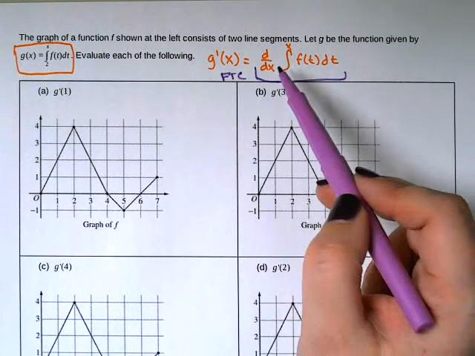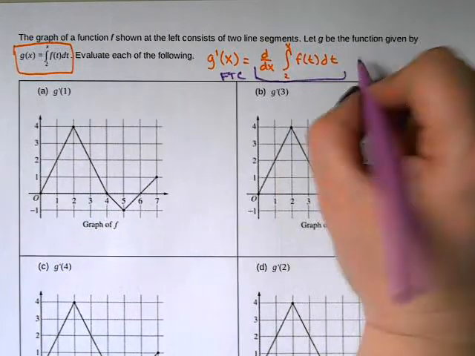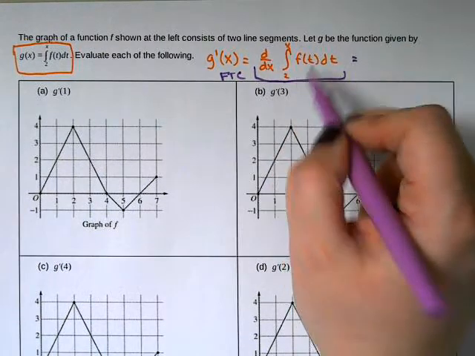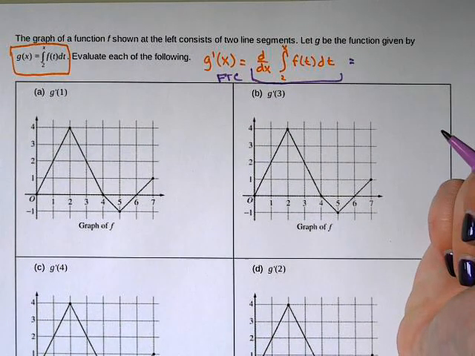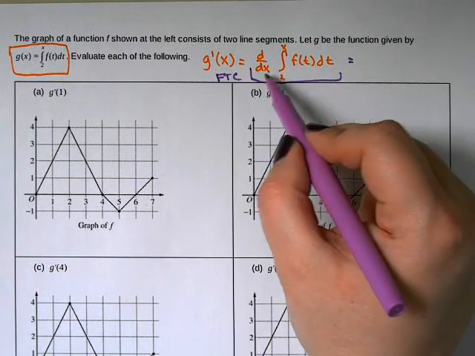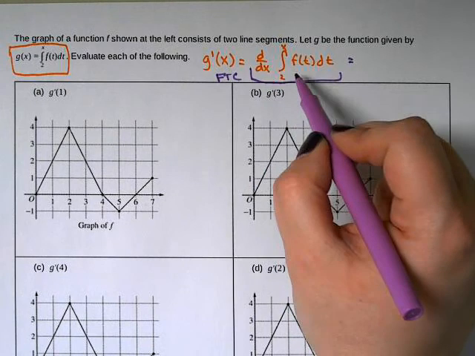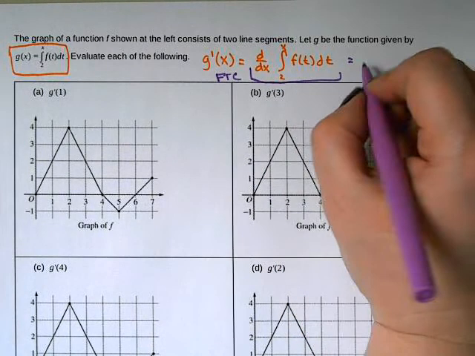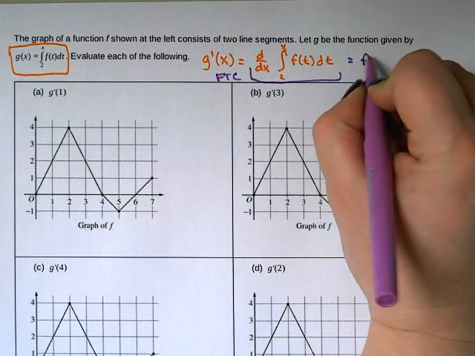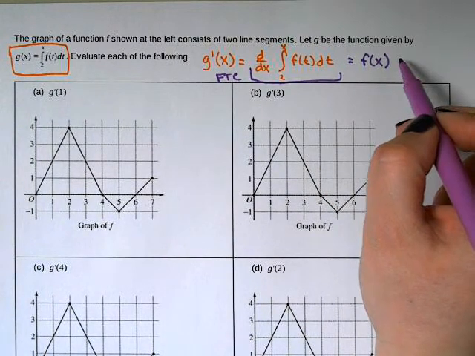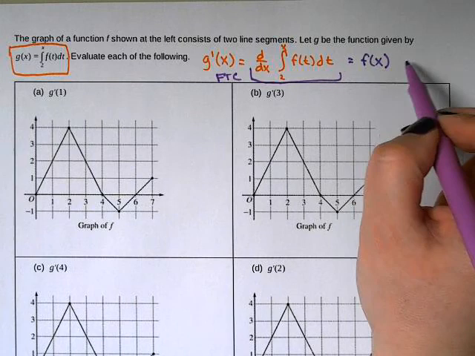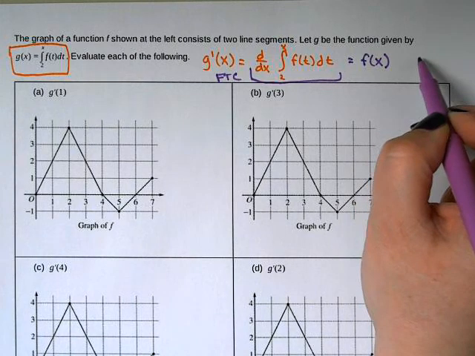If we're doing the derivative of an integral, we know that we can take our bounds and plug them in and multiply by the derivatives. So let's see here. That means the derivative of the integral from 2 to x of f of t dt is going to end up just being f of x. We would technically multiply this by 1 because the derivative of x is 1, and then we would subtract f of 2 times 0.